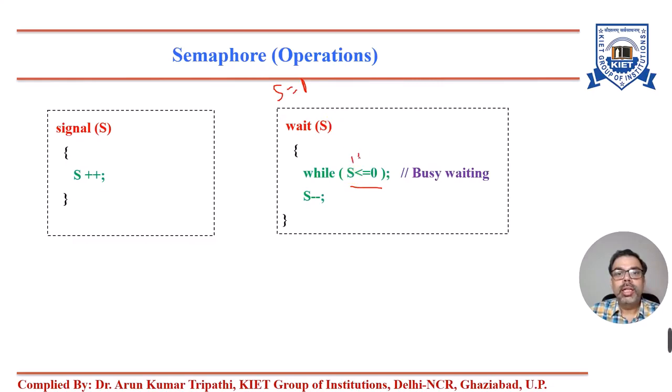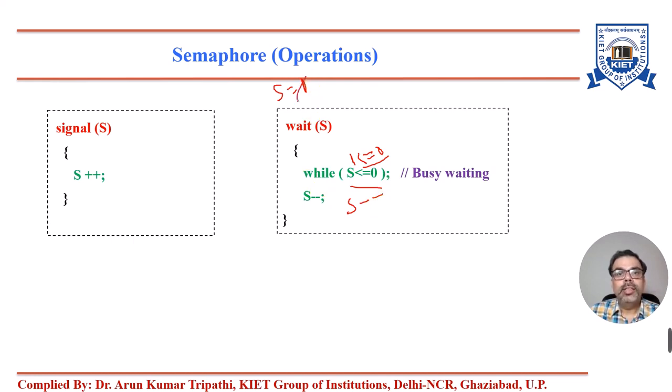That means 1 is not less than or equal to 0. This condition will get false, so it will automatically decrement the value of S as S minus minus.